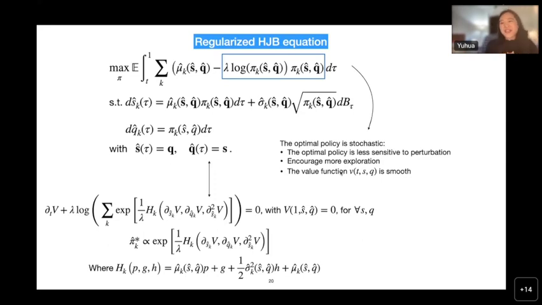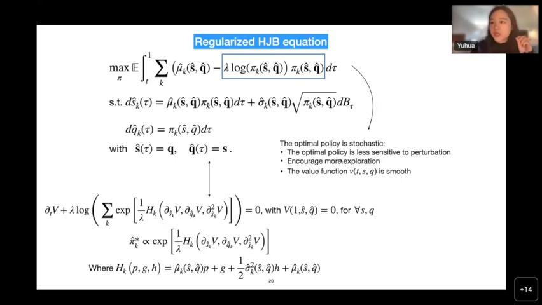Previously, you usually have a viscosity solution, which is not always differentiable everywhere. But now, after adding this regularized term, the value function is smooth, which usually makes it easier to solve numerically. Another implicit advantage is that this regularized term, which ends up with a stochastic optimal policy, will encourage more exploration.